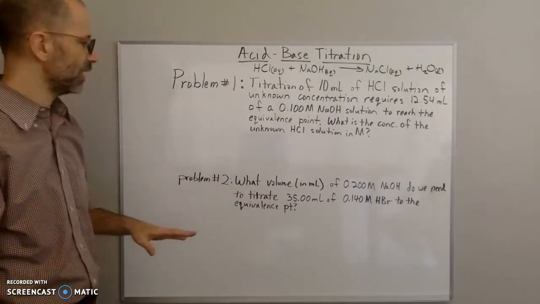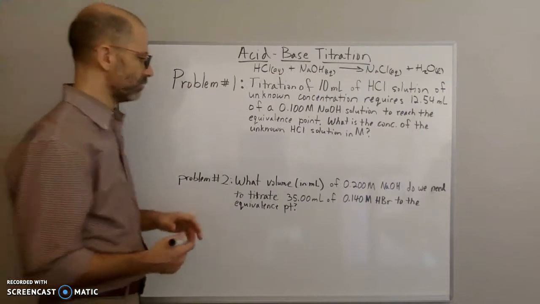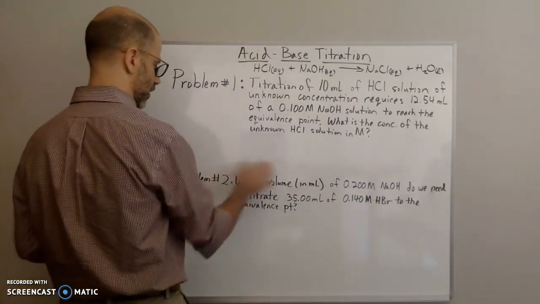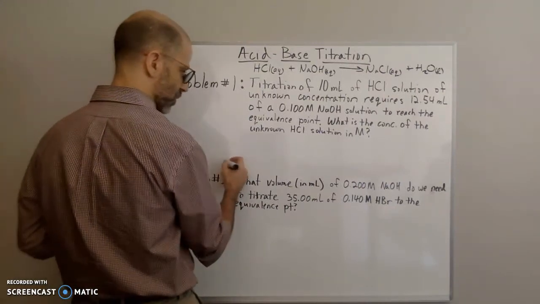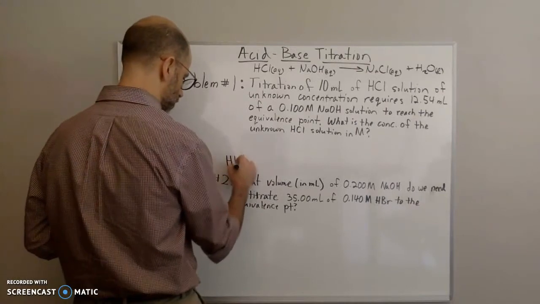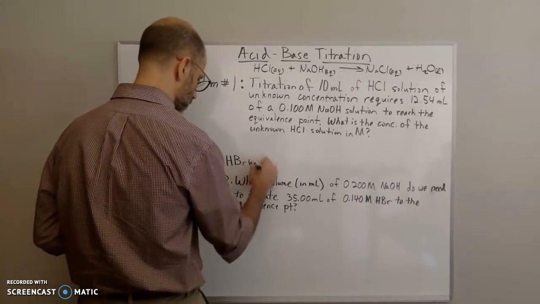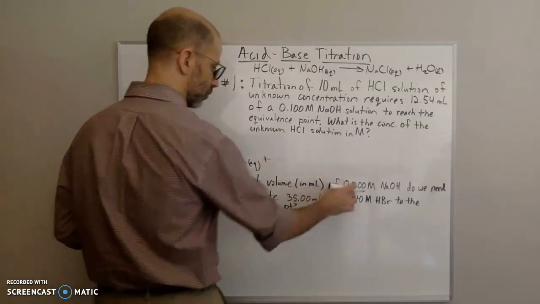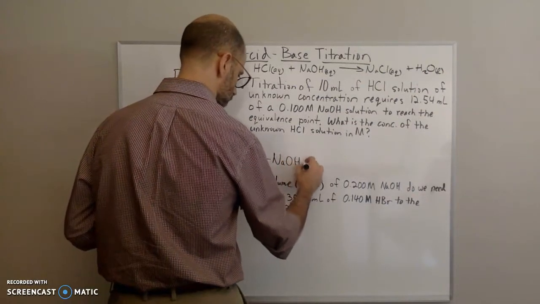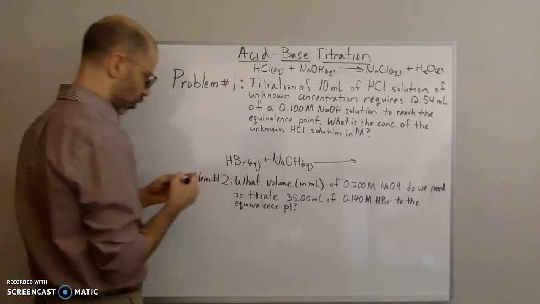Now, before we begin, we need to have a balanced equation. So we're going to have to write out the reaction between NaOH and HBr. I'm going to write it up here because we have room. So we have HBr aqueous plus the NaOH aqueous, and that's going to form products.